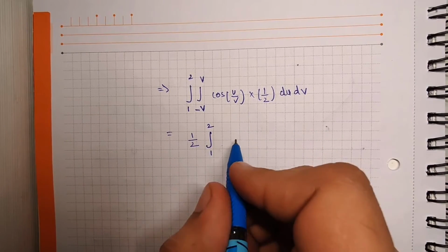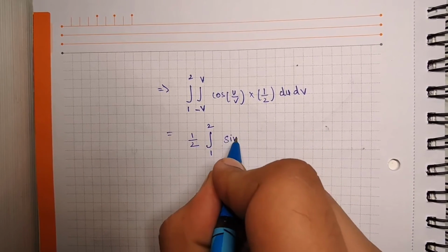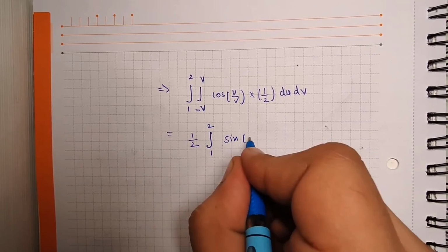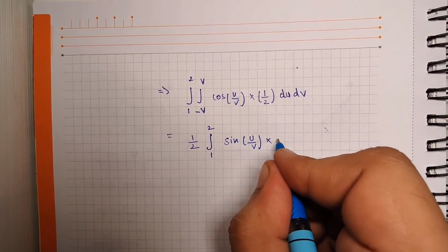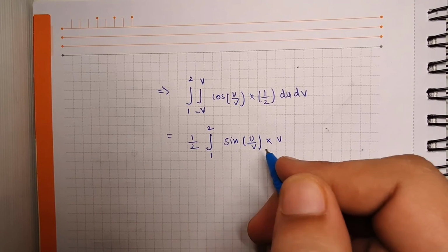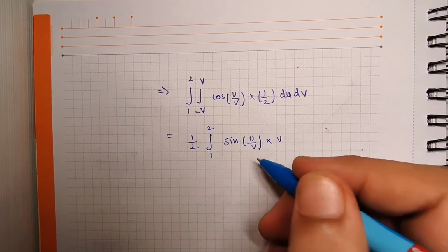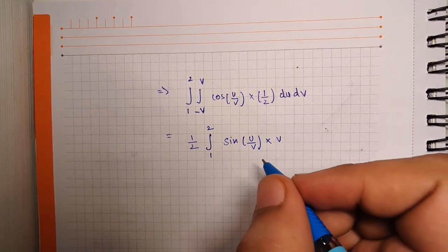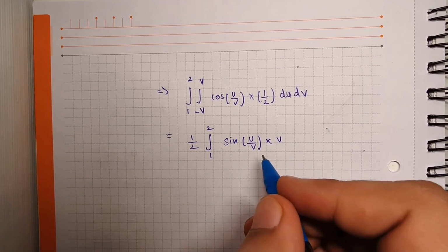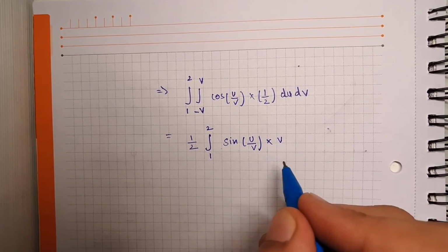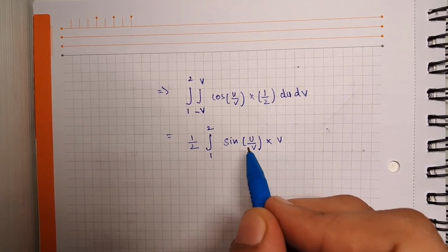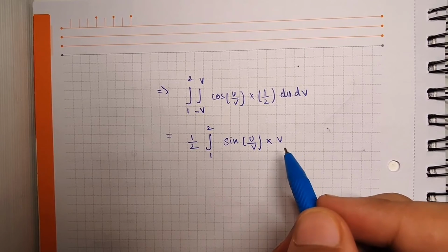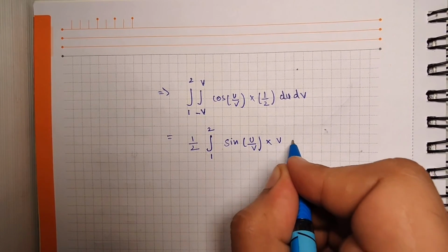Then we would have sin(u/v) into v, as the differentiation of u by v is basically 1 by v, which means sin(u/v) upon 1 by v, which is sin(u/v) into v, dv.